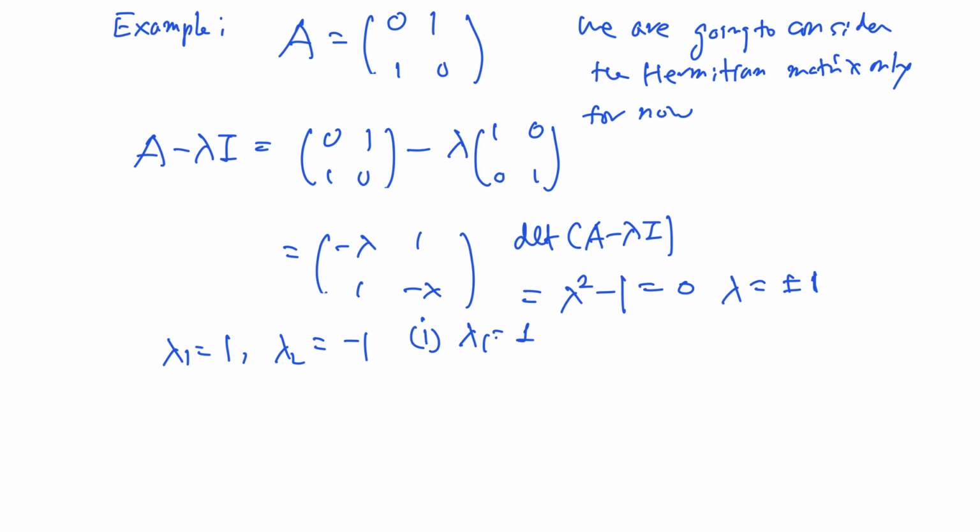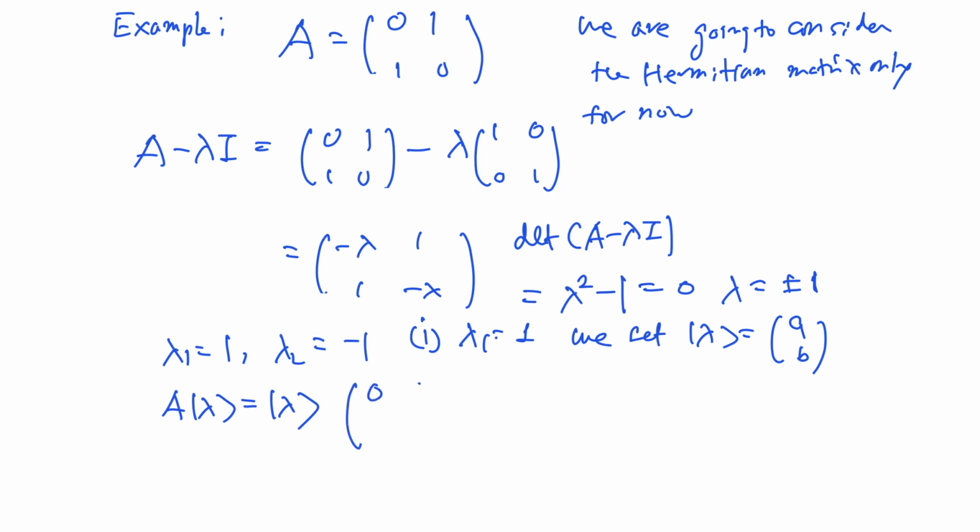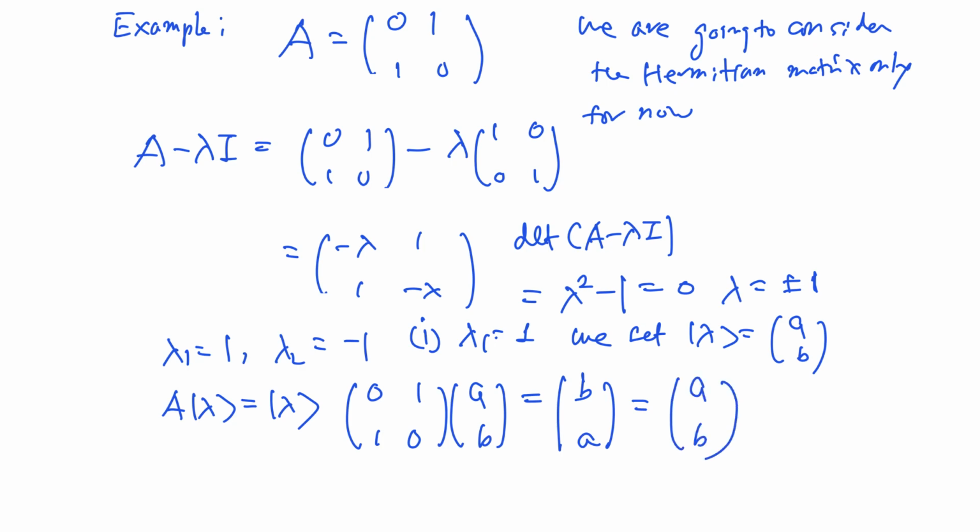We set x as (A, B), some numbers. Then 0, 1, 1, 0 times (A, B) equals (B, A), which equals (A, B). So A equal to B, right?